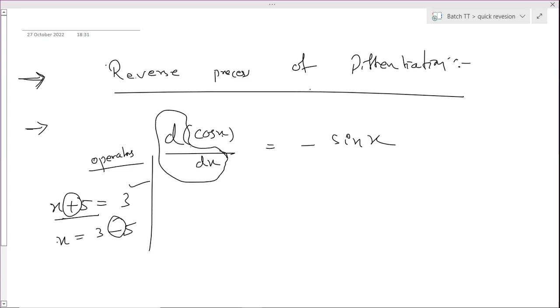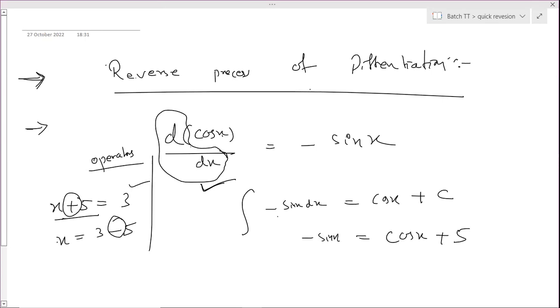If we reverse this, this becomes integration. So integration of minus sin x dx is cos x, as you said. But integration of minus sin x dx is cos x plus c also. Why so? Because if you differentiate this, then also you will get minus sin x.